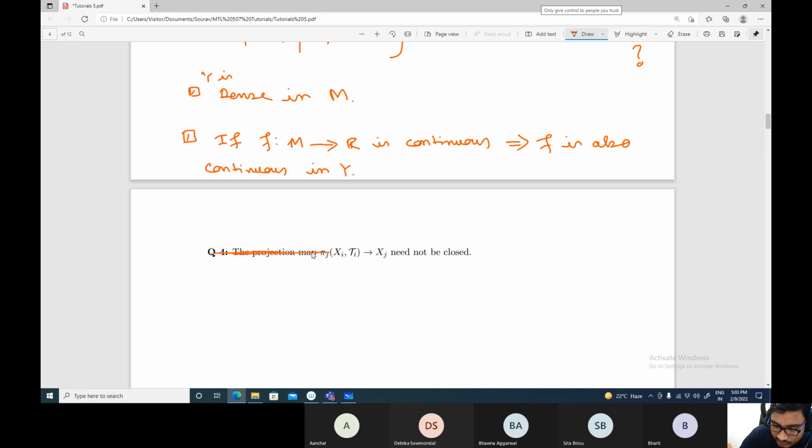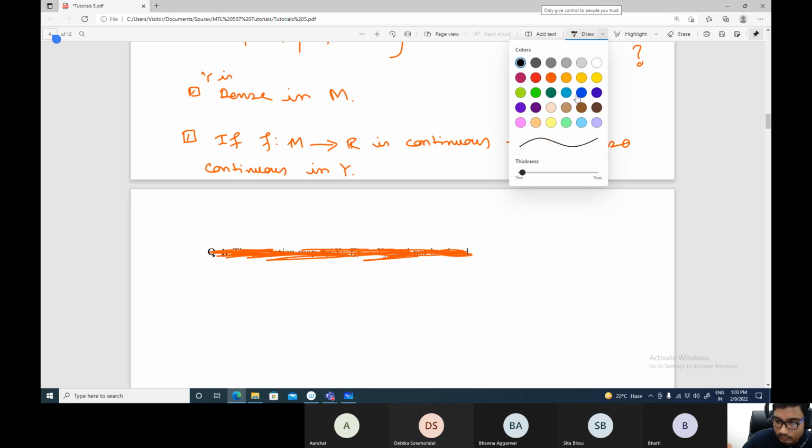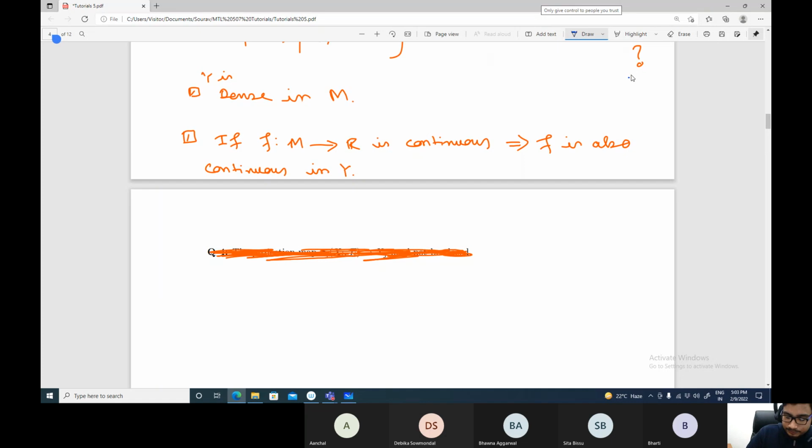So how many functions can you define from Y to R? What is the cardinality of Y? Countable cardinality, right? This is aleph naught.